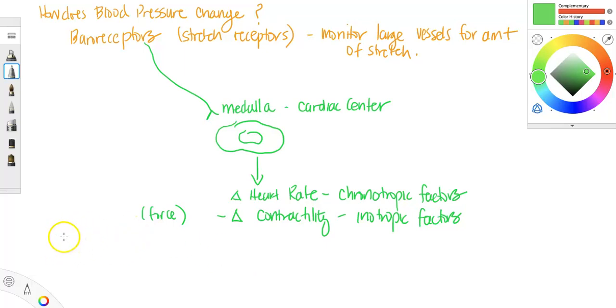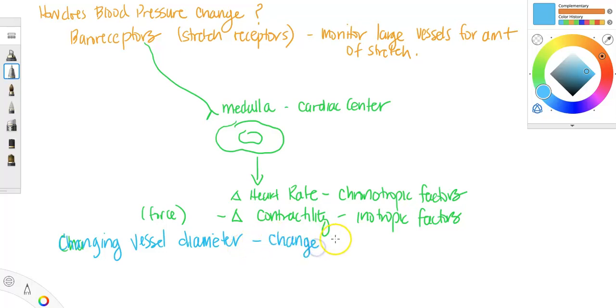So changing vessel diameter can change or affect blood pressure. And in fact, it has the largest effect on blood pressure.